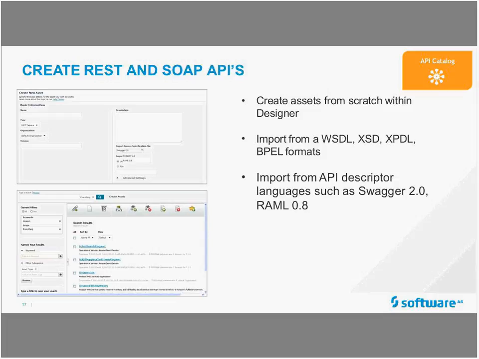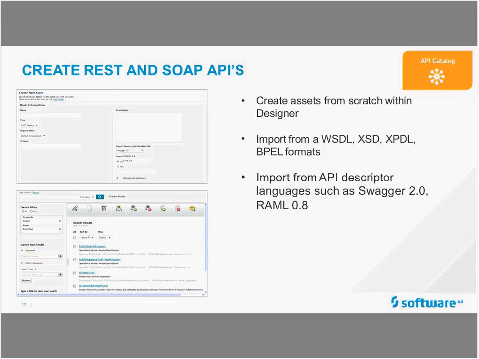So one thing you would expect to find within an API management platform is the ability to easily consume those existing formats that you have. For example, if you defined a lot of services using SOAP-styled web services, or the ability to easily build them from scratch or incorporate them using API descriptors that are geared more for REST services.